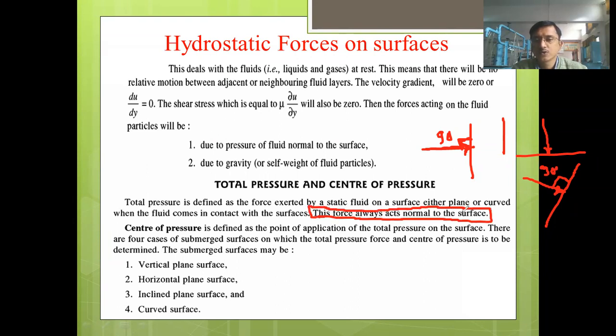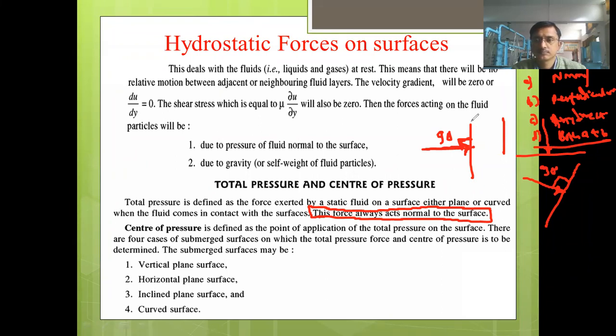The force always acts in the normal direction to the surface. Option A they will give normal. Option B, perpendicular. Option C, any direction. Option D, both A and B. Which is the correct option here?